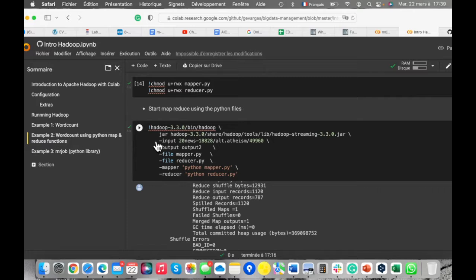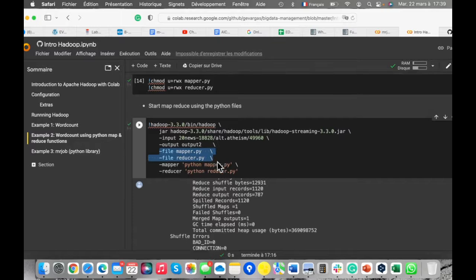We have, of course, to say the address of the input. We have to say where we want it to put the output. We have to specify the names of the mapper and the reducer. They must be called mapper and reducer, okay?